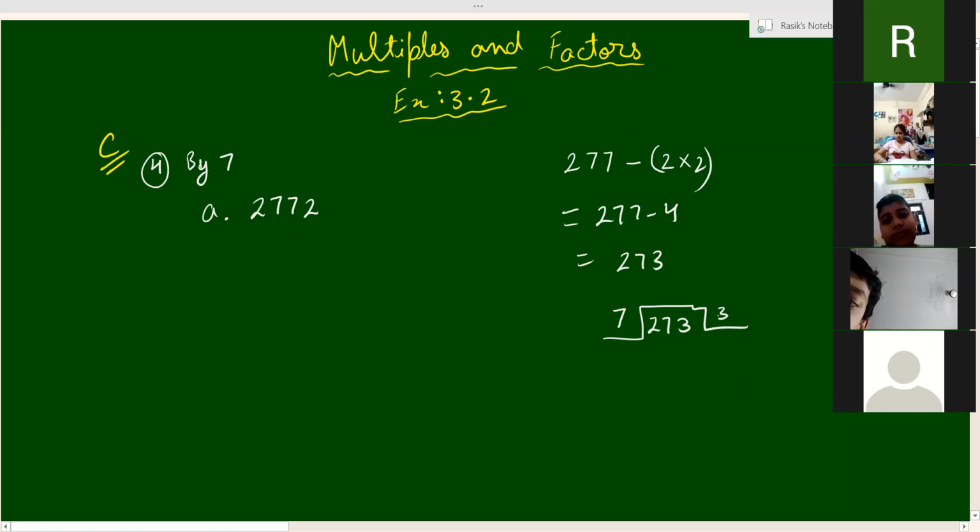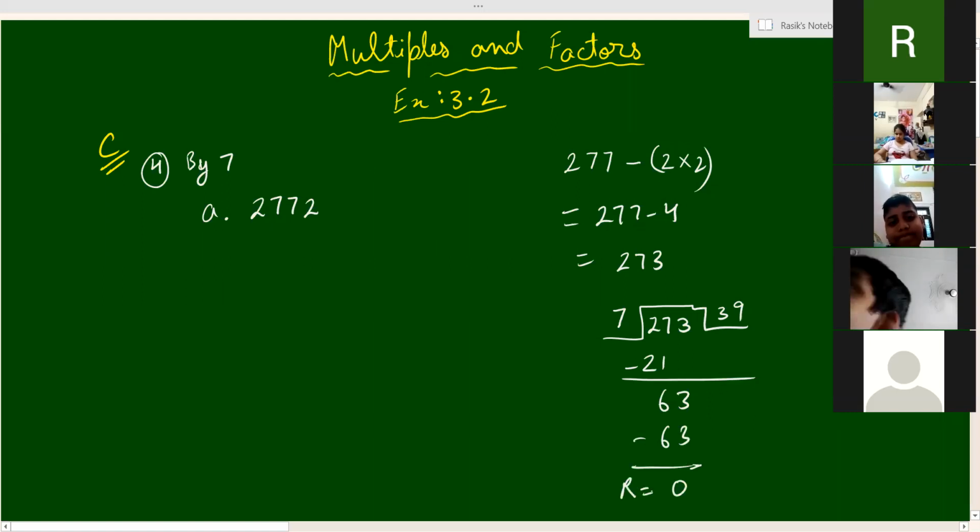You will go 3 times. 21, minus, and 6 comes here. And then you copy 3. 7 9s are 63. Remainder 0. So divisible. We are getting remainder 0. That means the number is divisible. Yes, answer.